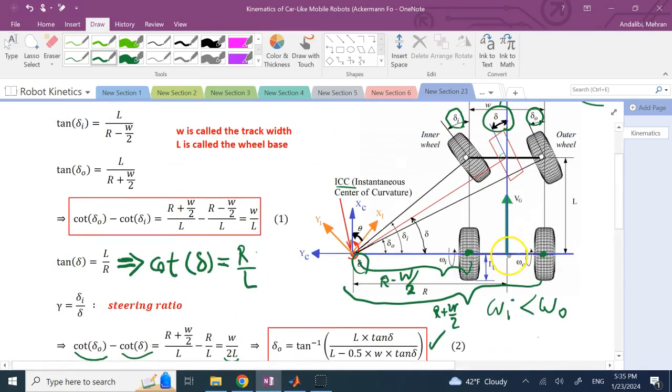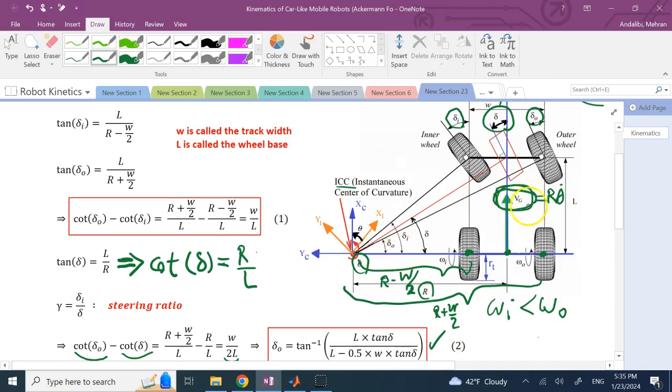Because if you look at the center, the velocity at the center of the chassis at the back is Vg. So this Vg should be equal to the radius of it, which is r, times this theta dot. And this Vg is determined by how much you push on the accelerator, okay?